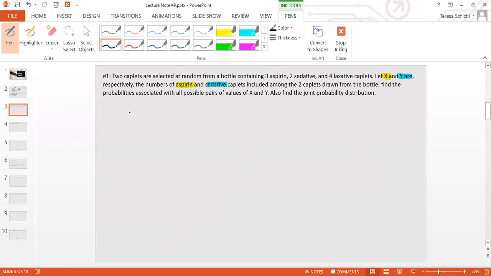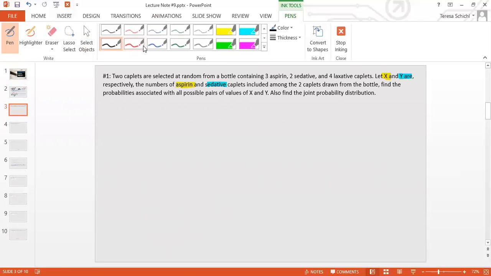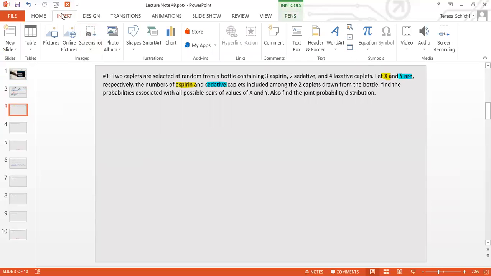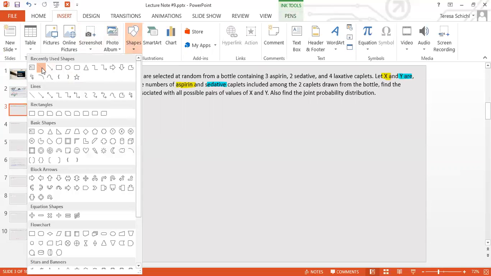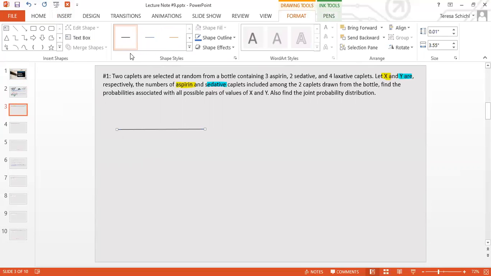Let's take a look at the joint distribution. Remember, this is X and Y, so I'm going to have a table here.